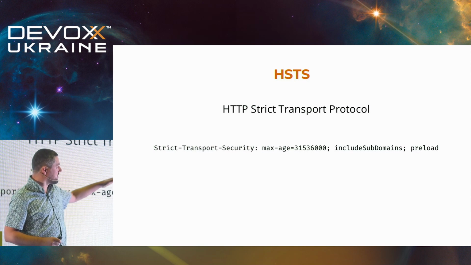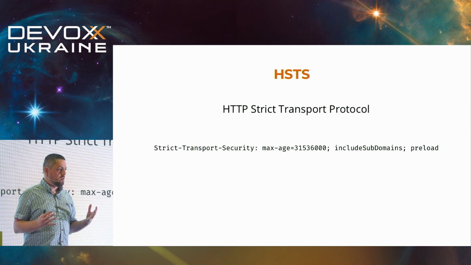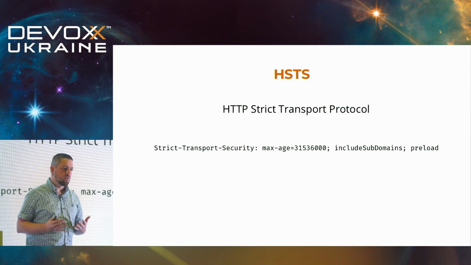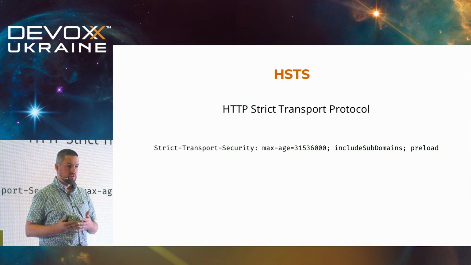And then there is the final part, and that's called preload. Because up till now, we've still had that very first call. If you make your very first call to my site, it will still be insecure. That all-powerful man in the middle could still intercept that request.